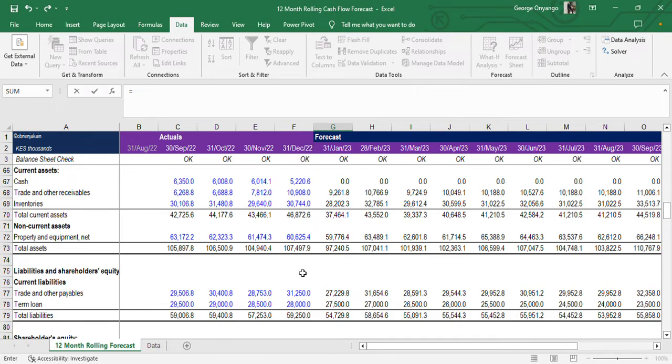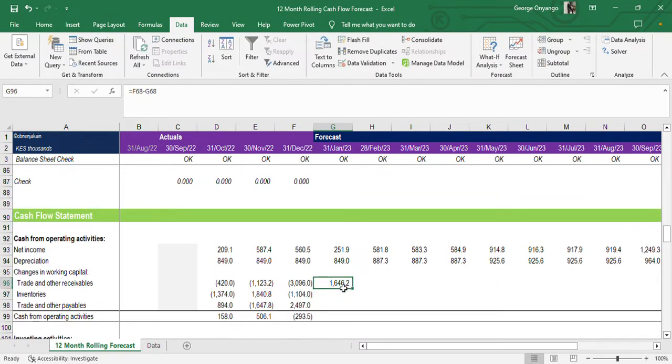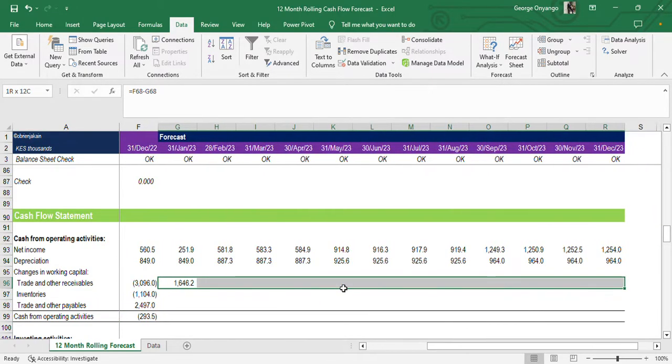So we come here and we subtract that to give us the change in trade and other receivables. We fill that right and we're able to get that.